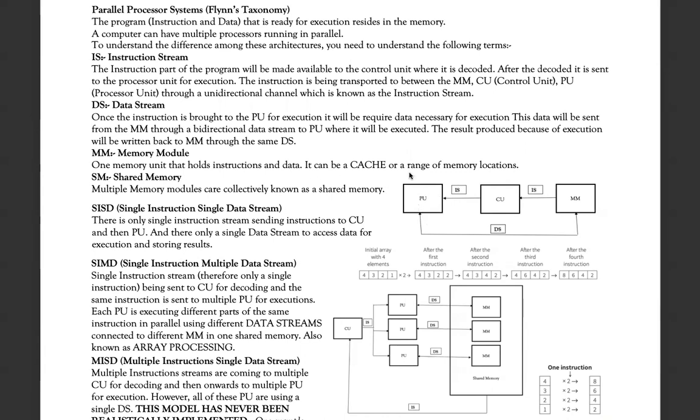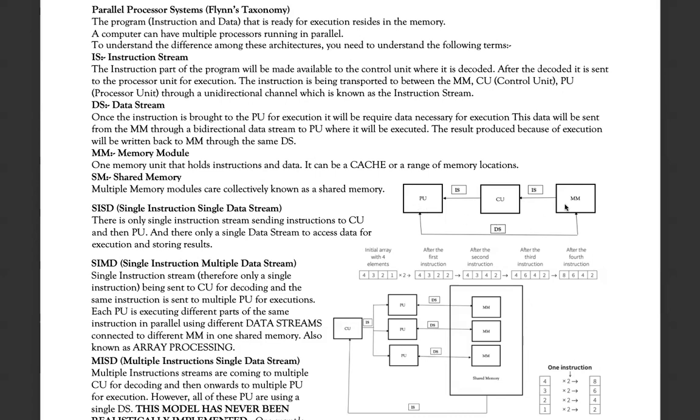When the processing unit starts to execute, it will require the data. The control unit does not need the data for decoding the instruction, but the processing unit does need it. If it requires any arithmetic logic operations, it will do them, and obviously it would need the operands.